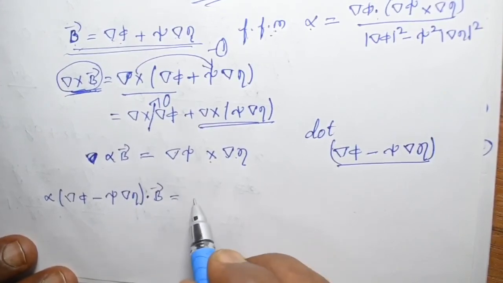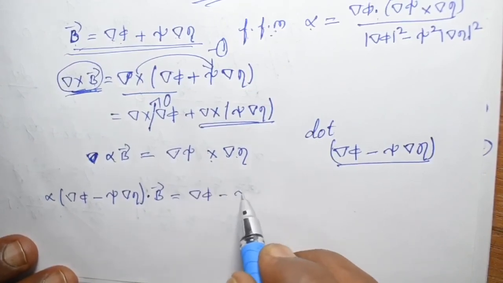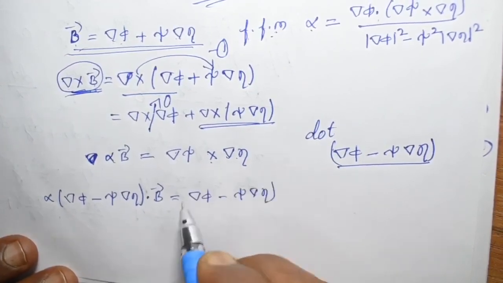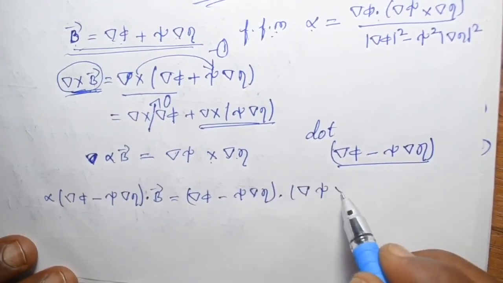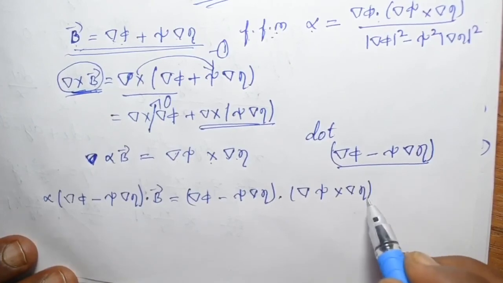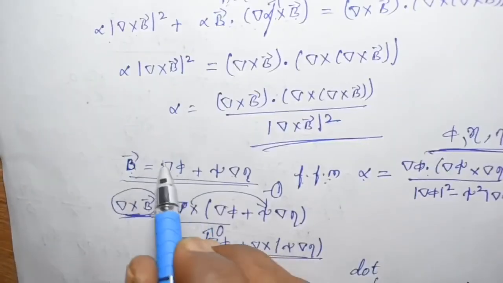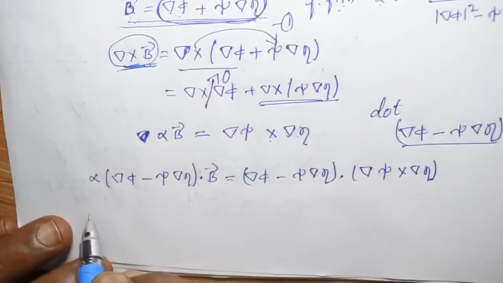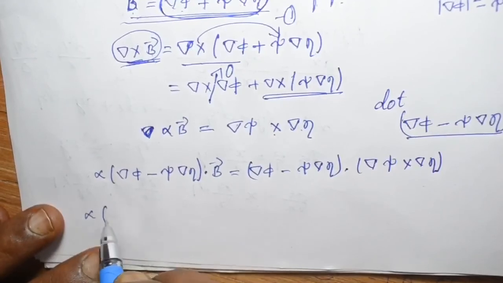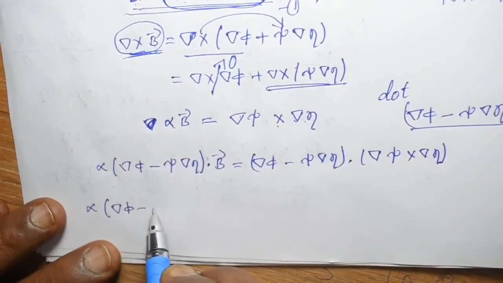This is equal to gradient of phi minus chi into gradient of eta dot gradient of chi cross gradient of eta. Now look here, you defined B is equal to this one. So this is nothing but alpha into, as it is, gradient of phi minus chi into gradient of eta dot B.